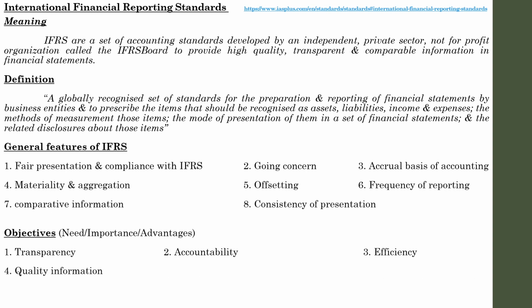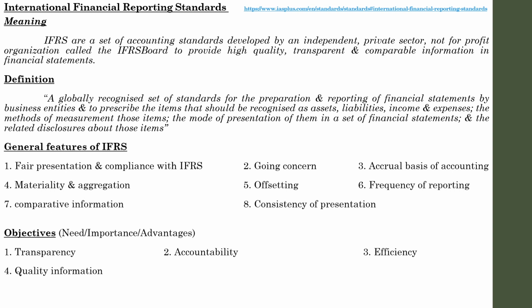Next one, quality information. Information is a very important factor that is required by an investor in taking decisions, because they need information about the area in which they are going to invest. We will not invest in an unknown area. We will invest only if we have correct information regarding whether we are going to get profit or suffer loss. Only on the basis of such information are we going to take decisions.